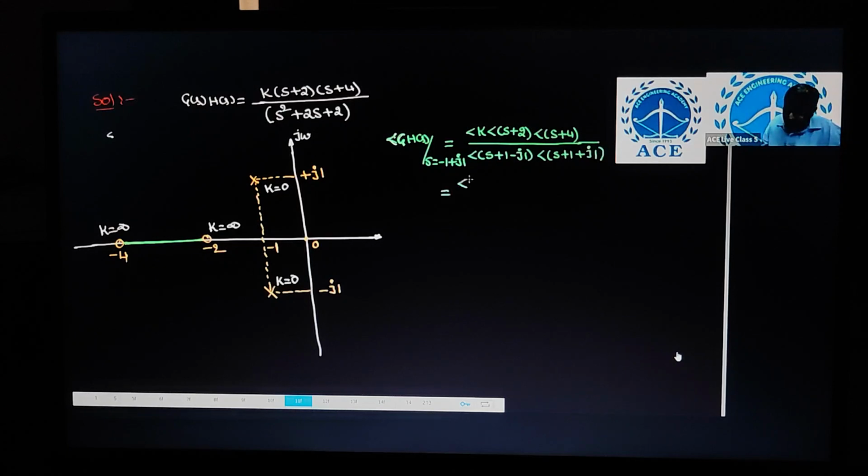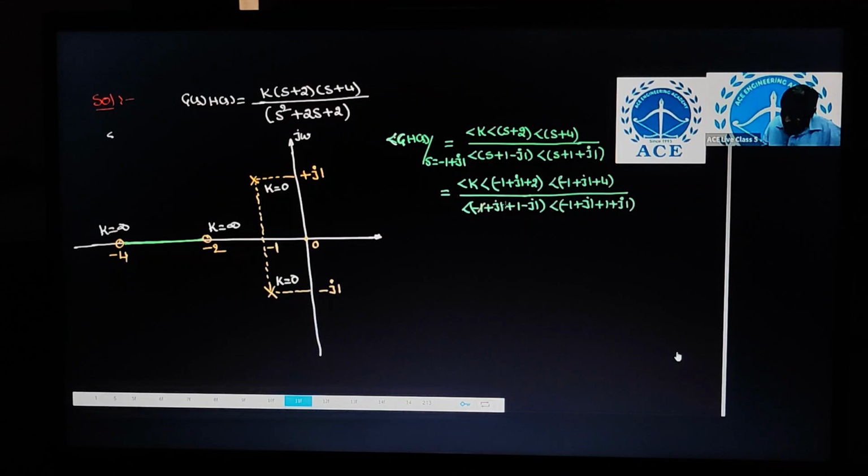Now S replaced by -1 plus j1: angle of K into angle of (-1 plus j1 plus 2), (-1 plus j1 plus 4), divided by (-1 plus j1 plus 1 minus j1), (-1 plus j1 plus 1 plus j1).